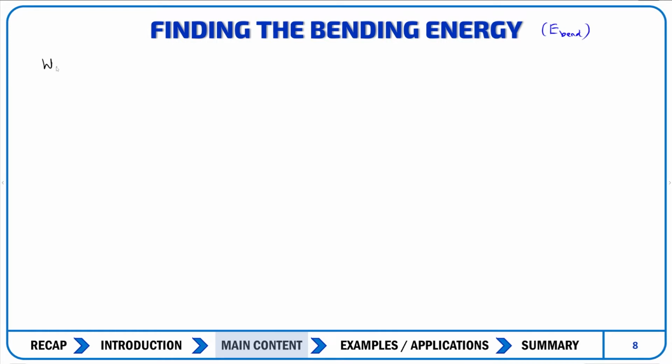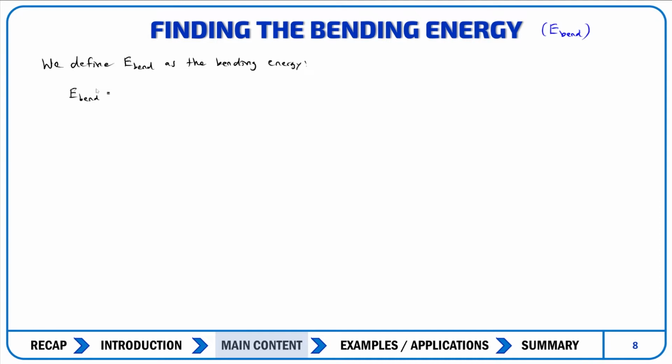So let's say we define E bend as the bending energy. So from previous courses, you probably know how to figure out the potential energy of a spring.